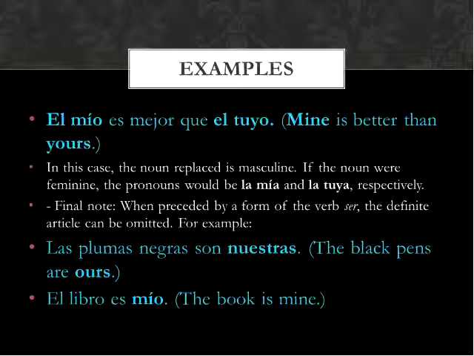Same thing, you would need to say el libro es el mío. Right? We have the form of ser before. Okay, so I'll give you guys some time to finish that with an example. Okay, give me a thumbs up if you are okay with moving on to the next slide.